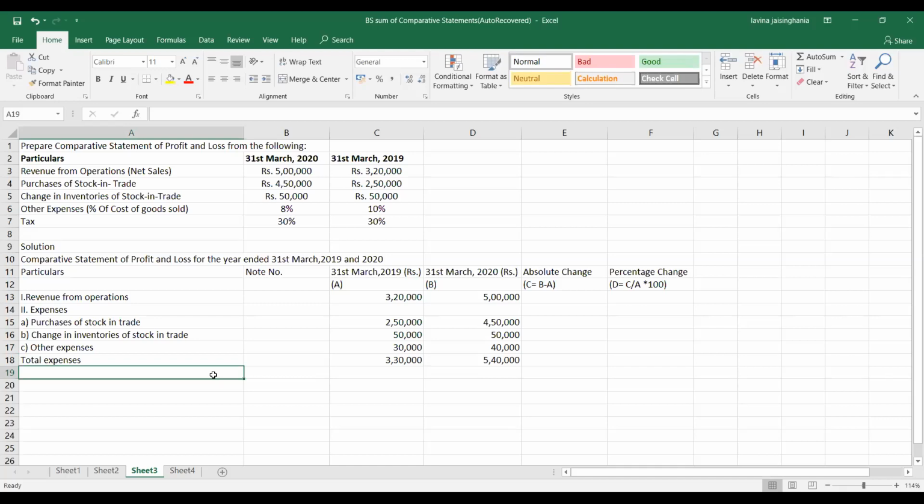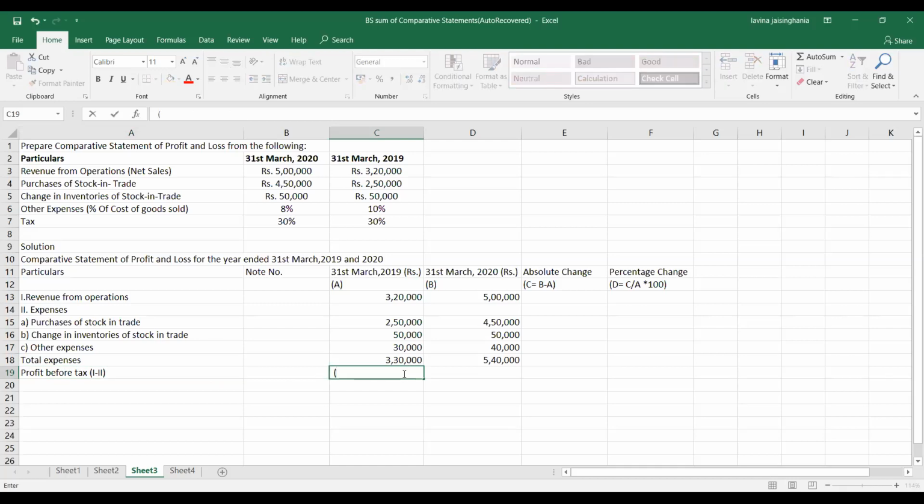Now what you have to find is profit, and that is also profit before tax, because we have not deducted tax yet. That will be 1 minus 2, that means the first total, revenue, minus the total of the second one, expenses. So 3,20,000 minus 3,30,000, the answer is 10,000 but in negative.